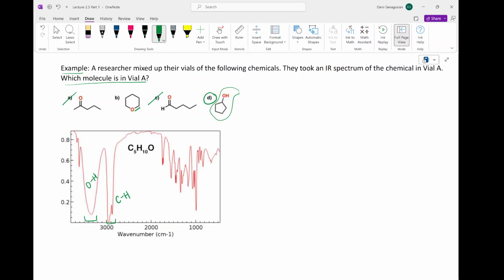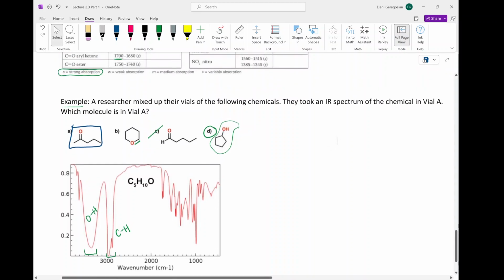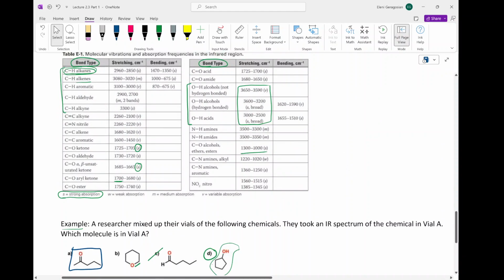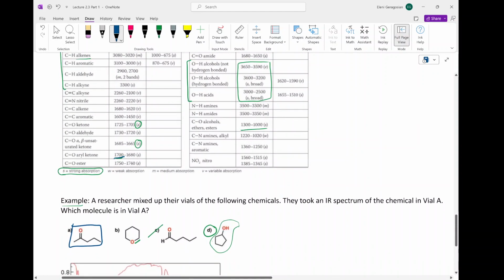Another type of question you might see with IR is, let's say you're given molecule A and you might be asked, where would you expect peaks for this molecule? For molecule A, we have carbon to oxygen double bond, so we'd expect a peak around 1700.